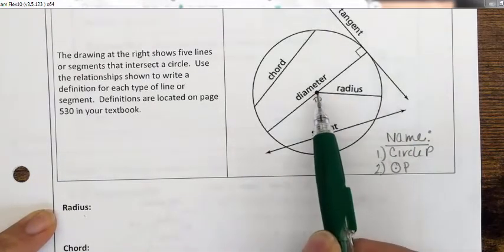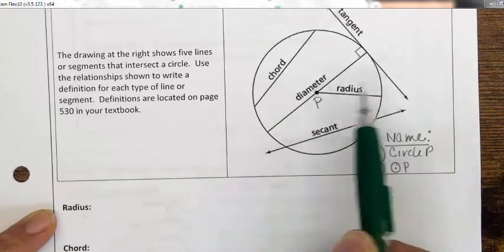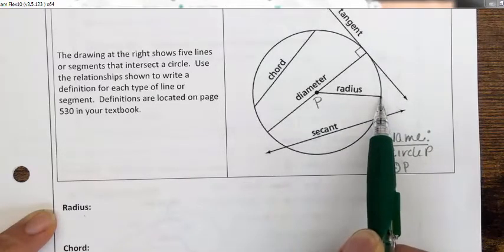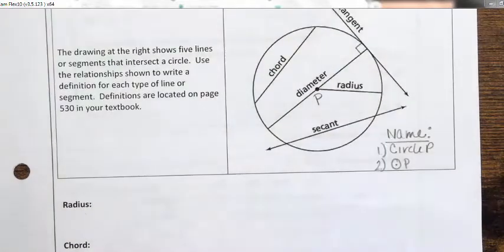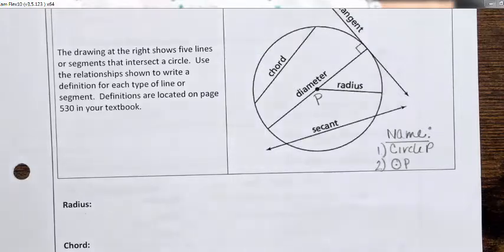Well, the radius starts at the center of the circle. One of its endpoints, it's a segment, right? One of its endpoints is on the center of the circle, and it ends on the circle. So another one of its endpoints is on the circle. Let's check that here. A radius is a segment whose endpoints are the center and any point on a circle. That's exactly what we just said, and that's exactly what we're going to write down.